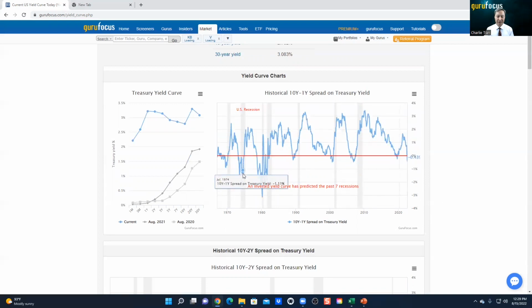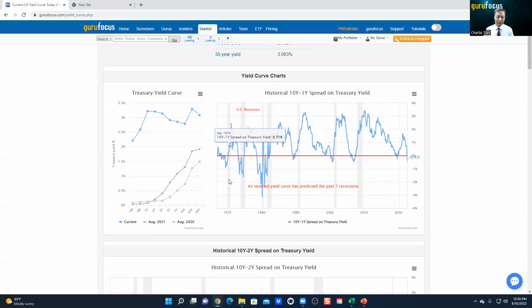There was a yield inversion in the 1970s, again in 1980, a deep yield inversion when there was high inflation, and also in the 1990s, before 1990, and the year 2001, and also the financial crisis during 2007, 2008. And we also observed one before the pandemic, a yield inversion in March of 2020. And also currently, as of today, August 15th of 2022, the yield is inverted.